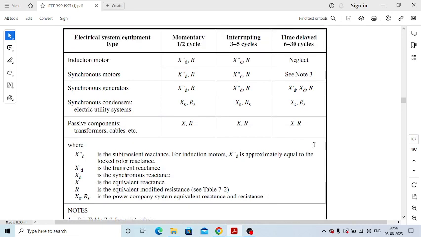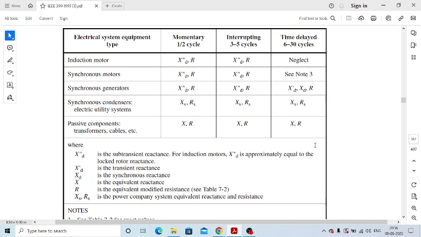If you remember the electrical machines, especially the alternator, during the fault time Xd double dash, Xd dash, and Xd, all three components will be connected in parallel during the short circuit. So the net impedance offered by the alternator will be less.